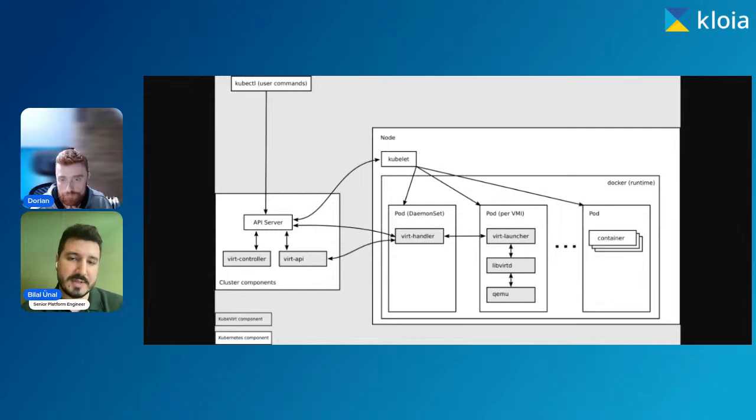Under the hood, each VM runs inside a pod. It's literally a pod. Inside that pod, there's a process that uses KVM and QEMU to spin up an actual virtual machine. So from Kubernetes' perspective, it just sees a pod, but inside that pod there's a full VM running with its own operating system and everything.